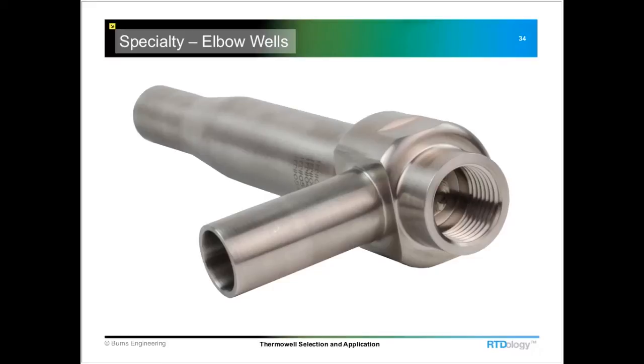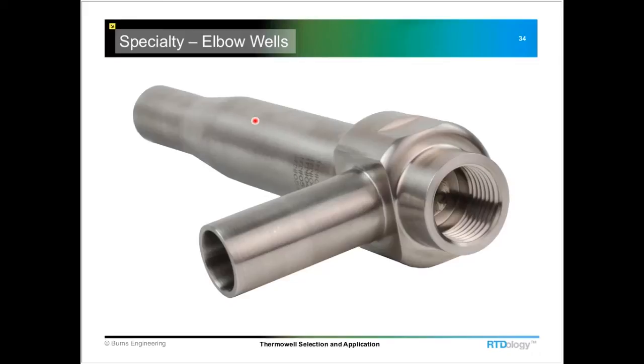One of the ways to get around the immersion issue in really small diameter lines would be with an elbow-style Thermowell. This allows the installation of a Thermowell, which is in this enlarged section of the tubing here. This happens to be 3/4 inch tubing.